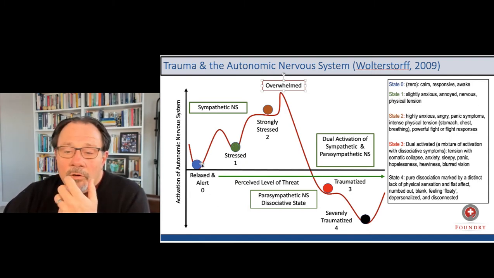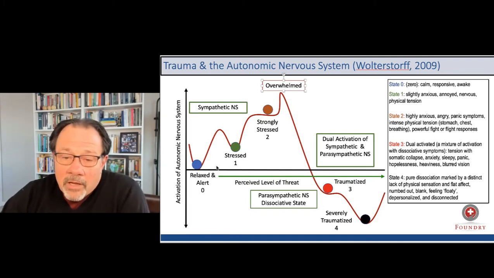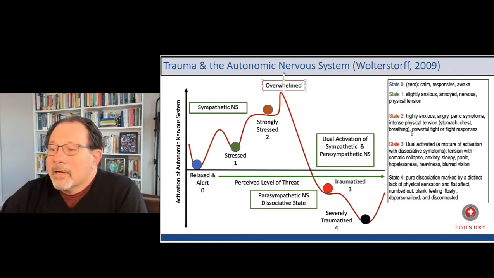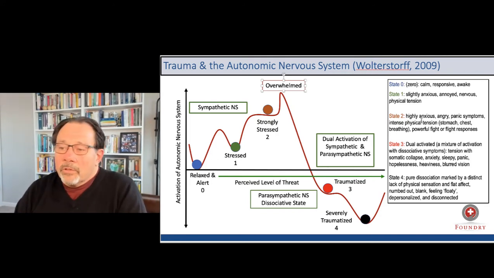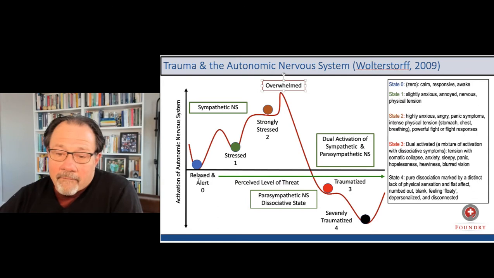And so a relaxed state is calm, if you look over on the side. So what I've done, and I will make sure you get a copy of this, is the color of the marble is equated with the color or the state at which to describe what the nervous system is doing. And so state 0 is calm, responsive, awake, very little threat.